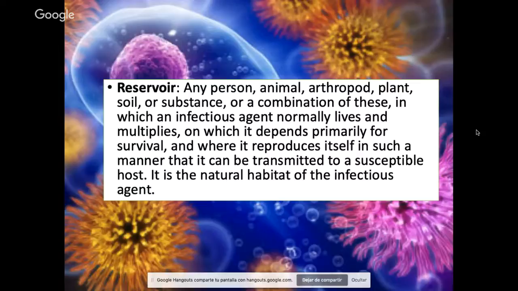Any person, animal, arthropod, plant, soil, or substance, or a combination of these, in which an infectious agent normally lives and multiplies, on which it depends primarily for survival, and where it reproduces itself in such a manner that it can be transmitted to a susceptible host. It is the natural habitat of the infectious agent.